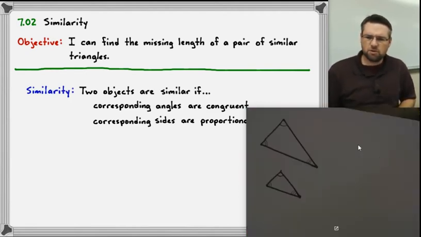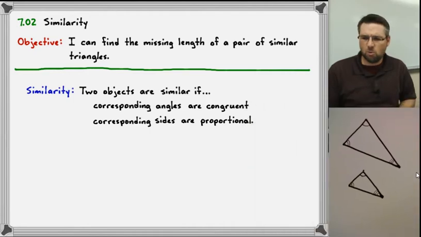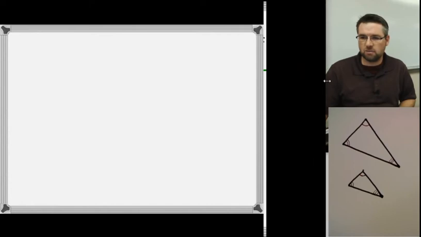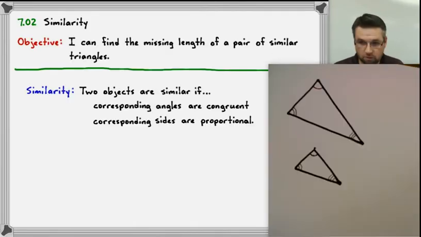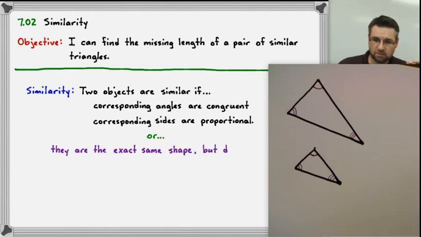But let's go through a more basic way of seeing this, just to help us understand it a little bit. Let's try and understand it through basic terminology. Basically, similarity means that two objects are the same exact shape, but different sizes.